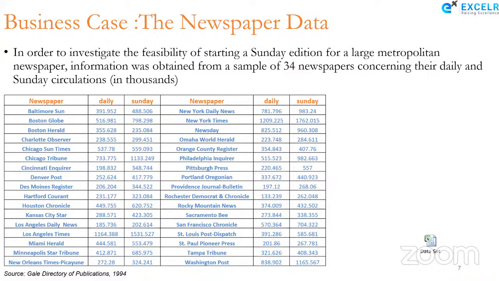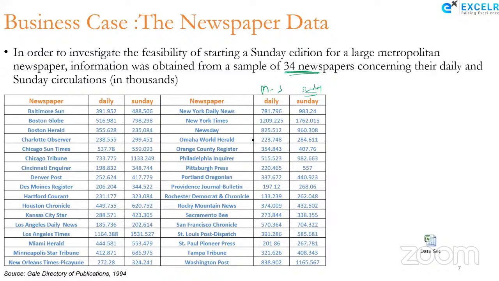There are 34 newspapers, and they have their daily edition as well as their Sunday edition. The daily edition runs from Monday to Saturday, and on Sunday they run a special edition, which is called the Sunday edition.